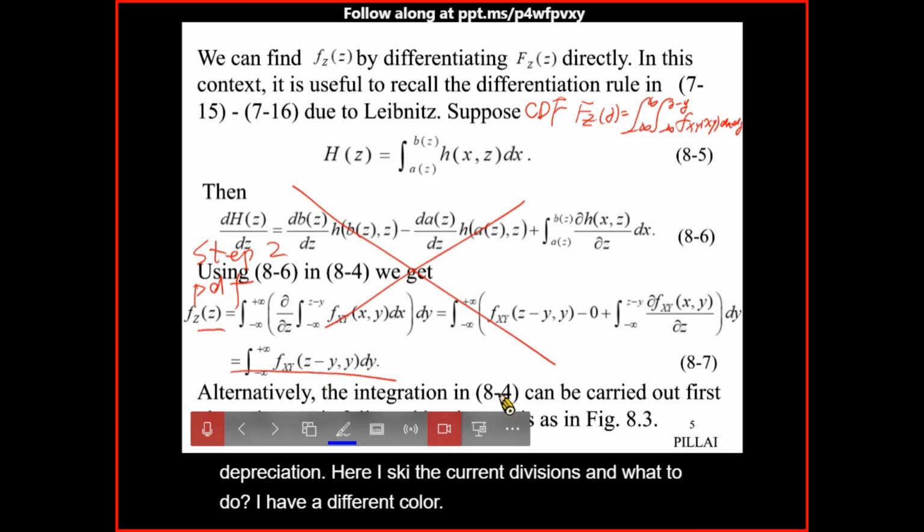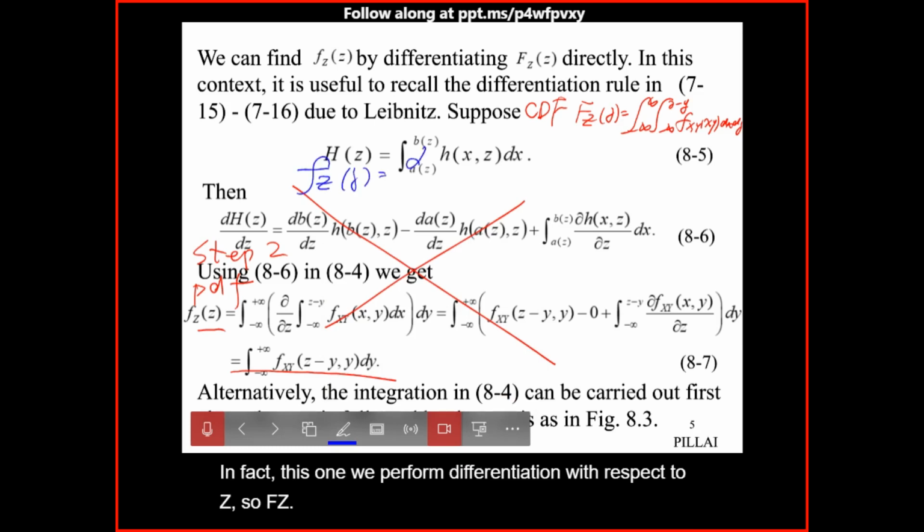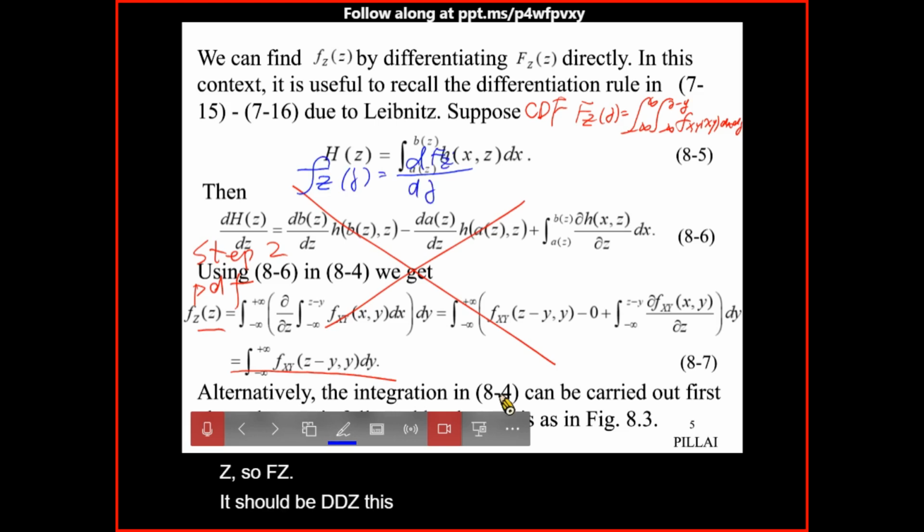Well, in fact, this one, we perform differentiation with respect to Z. So f_Z(z) should be d/dz of this one. So where we have Z, variable Z, this one.